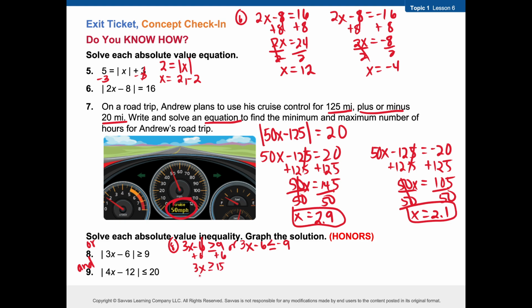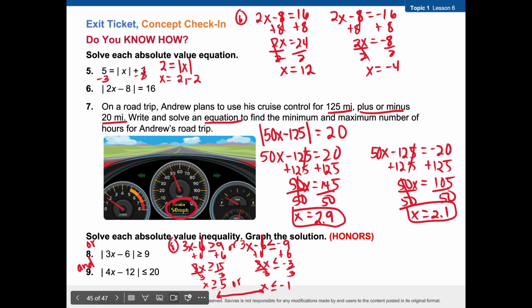Add 6. 3x is greater than or equal to 15. Divide by 3. x is greater than or equal to 5. Or add 6 to negative 9, get negative 3. Divide by 3. x is less than or equal to negative 1.